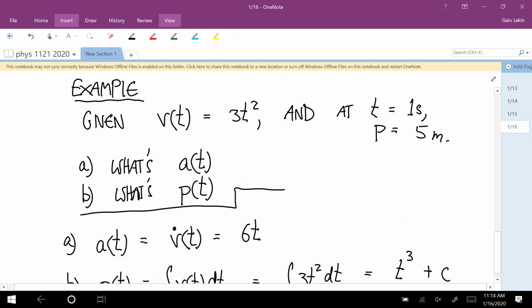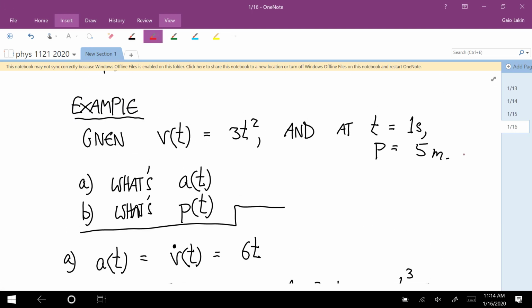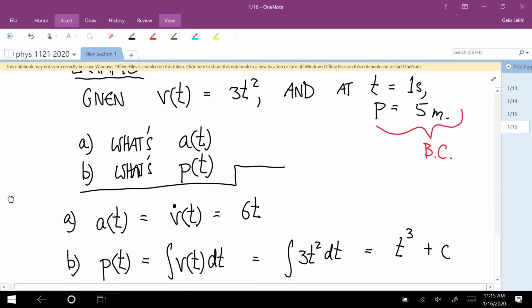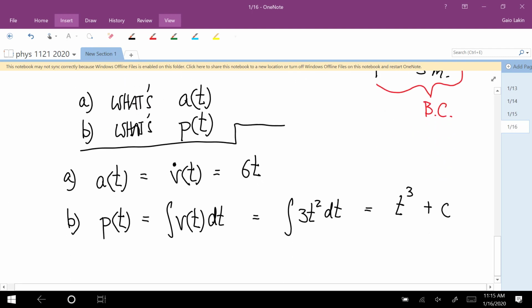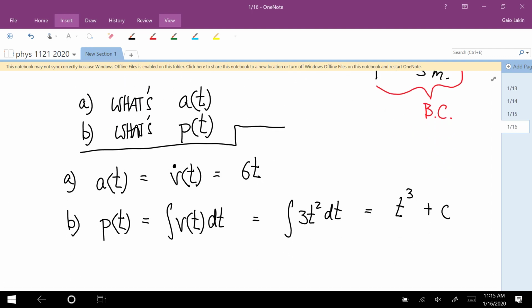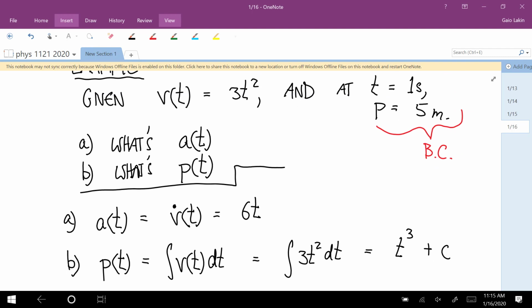Now that's where we're going to use this boundary condition to calculate c, because we know that when time is equal to 1 second, this function representing the position has to be equal to 5.